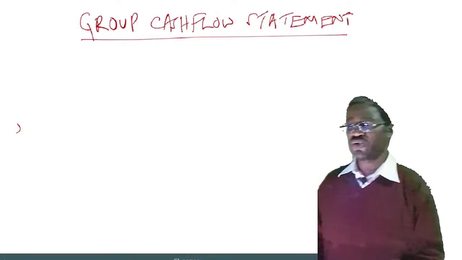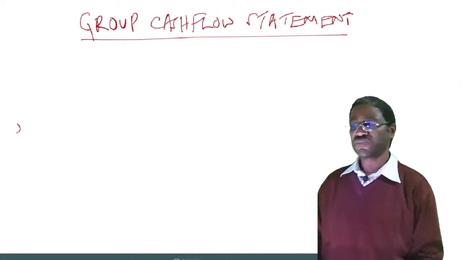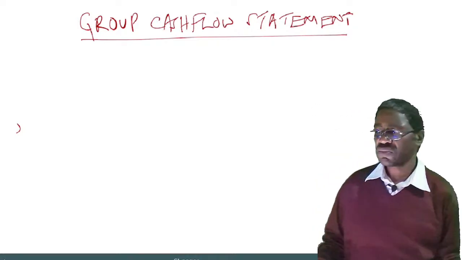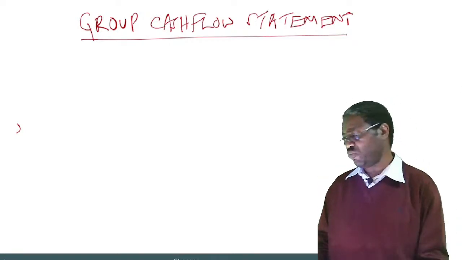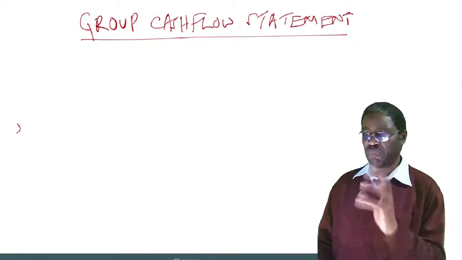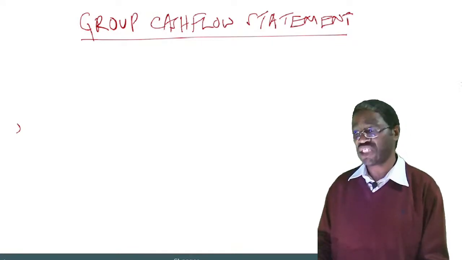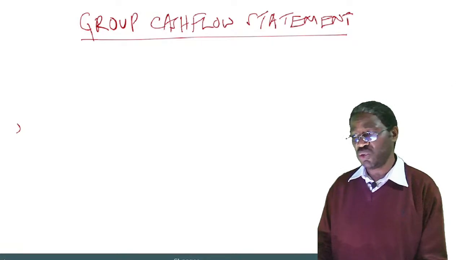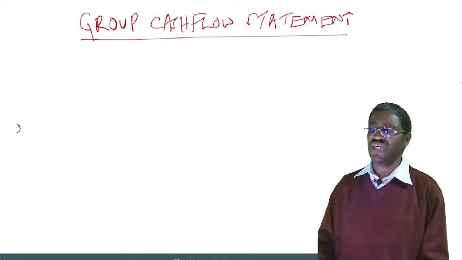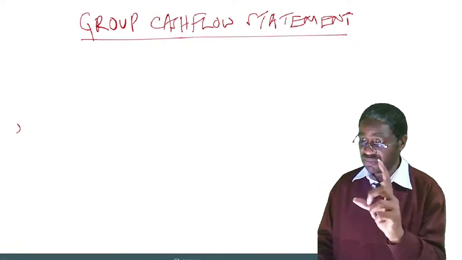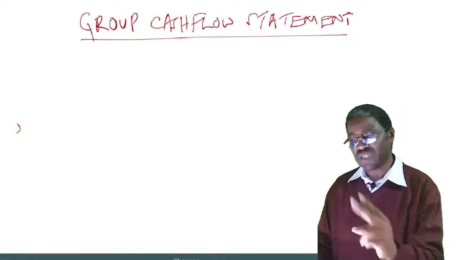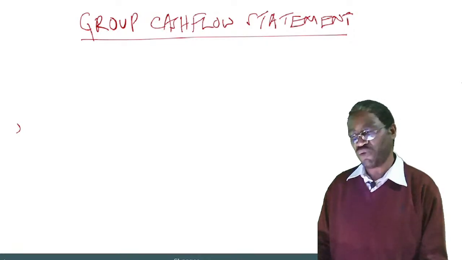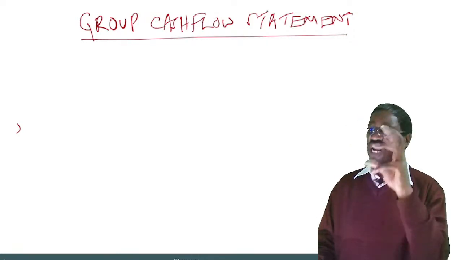Okay, so let me proceed now. I was saying, how are you preparing a normal cash flow for an individual company? That's what I want to remind you first. Now, listen. You know that there were two formats of preparing a cash flow statement.